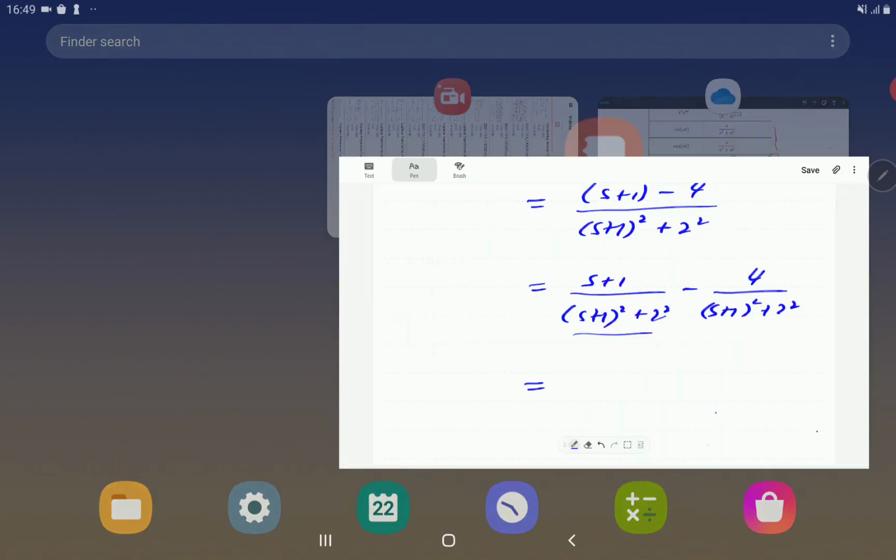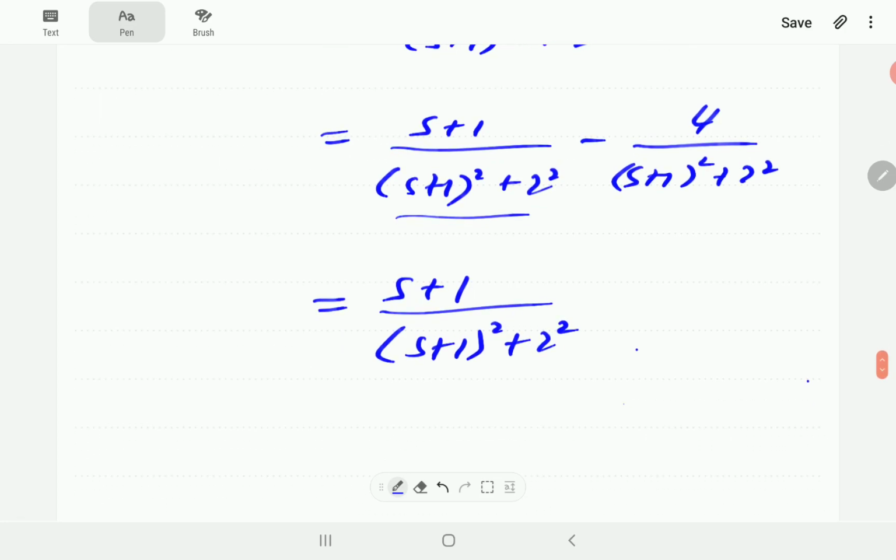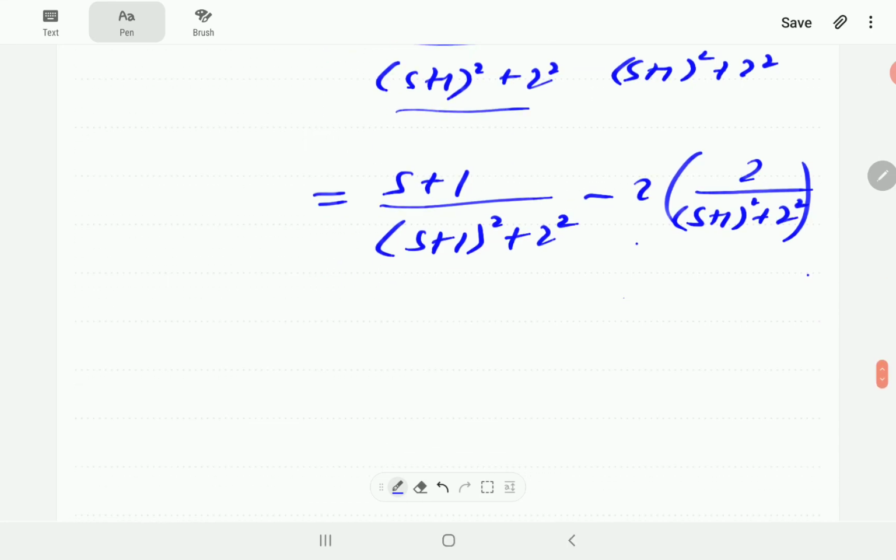So if we go back, our b squared is 2 squared, so we need a 2 here. We already have a 4, so all we need to do is to factor out one factor of 2. So if we put 2 outside here, then a 2 remains inside there. And then this is now in the required form.